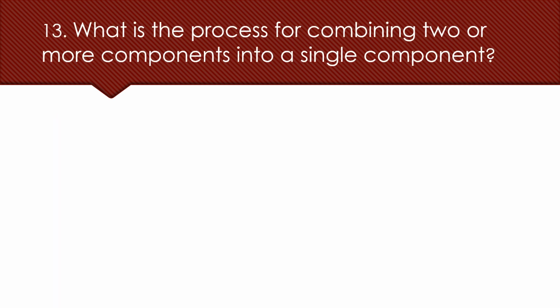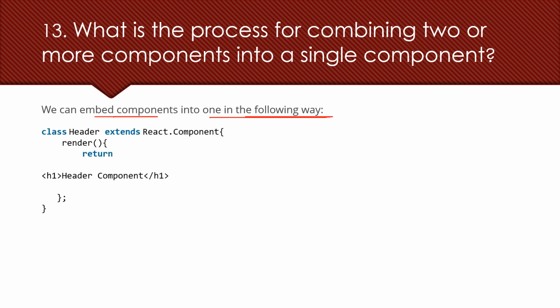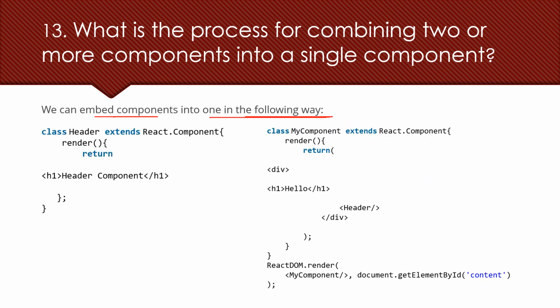Question number 13. What is the process for combining two or more components into a single component? We can embed one or more components into one component in the following way. For example, I have one class component called Header, which only returns an h1 tag with the word Header component written in it as a JSX component.